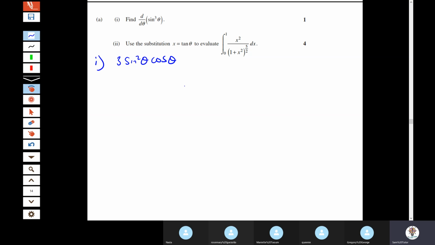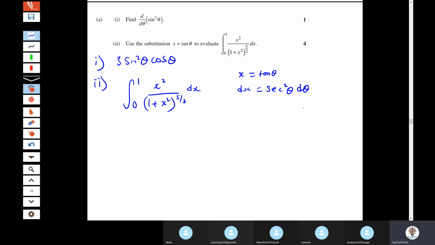It's 4 marks. There's a trig substitution. It's going to be a bit annoying. All right, but let's do it. Okay, double I. x equals tan theta. dx equals sec squared theta d theta.